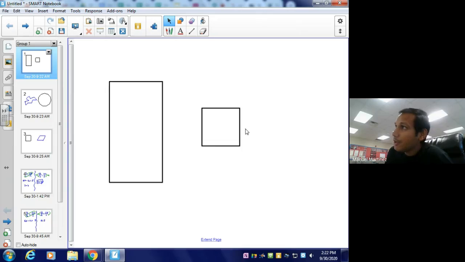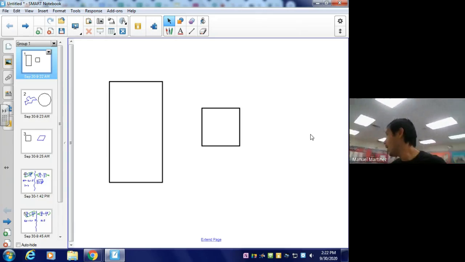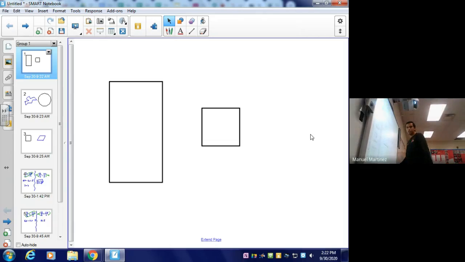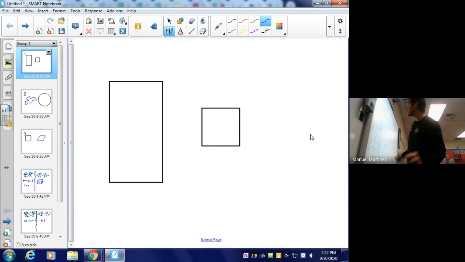Just like we have corresponding sides, we have corresponding angles, angles that are in the same position for both figures. So this angle and this angle are corresponding, and they are congruent. These two angles are corresponding, and they are congruent.